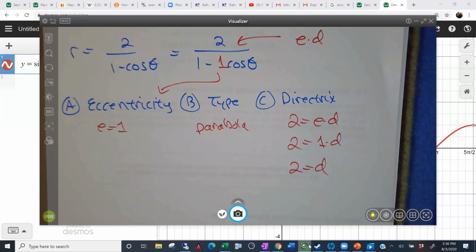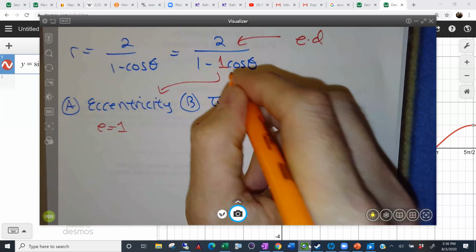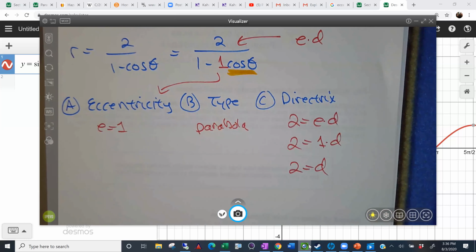But there's one last little detail that I have to plug in. I have to figure out, is it x equals this, y equals this, positive, negative, what have you. So let's start with this part first. Is my directrix going to have an x or a y?